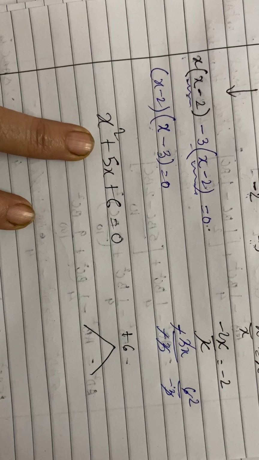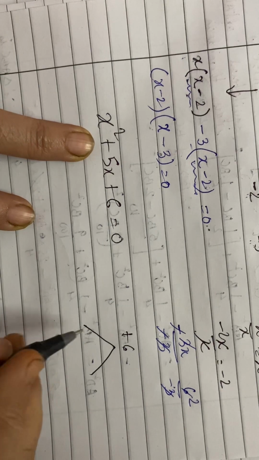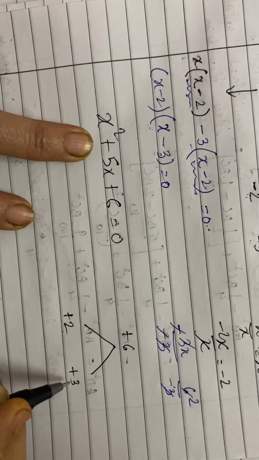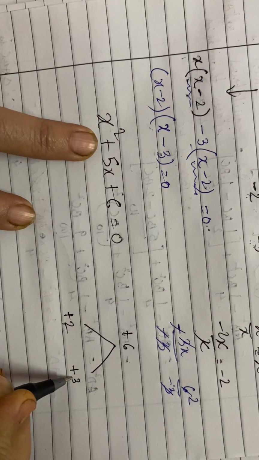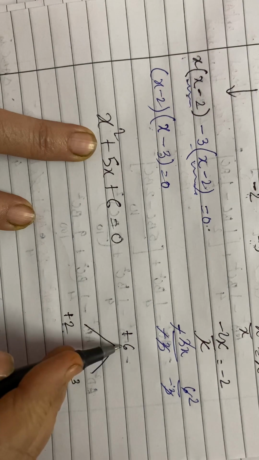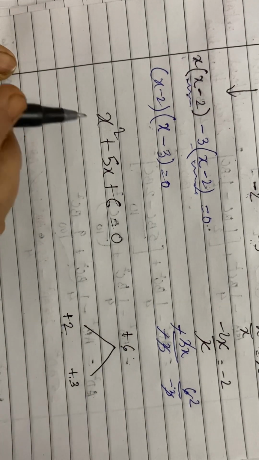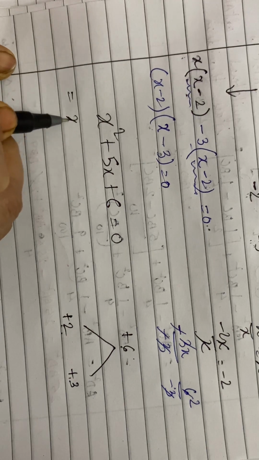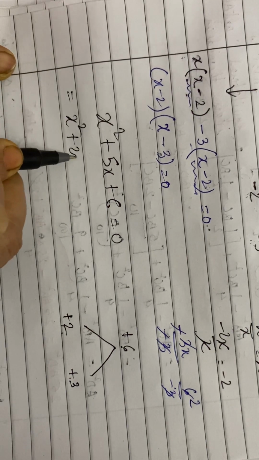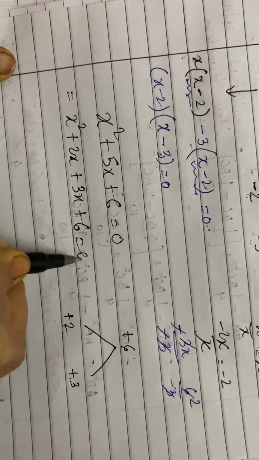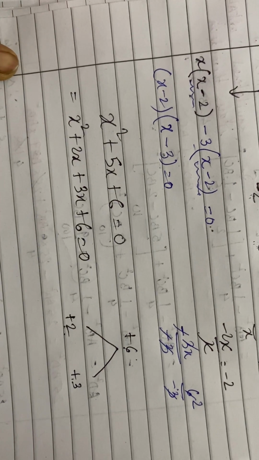The middle term sign is positive, so both our factors will be positive. 2 plus 3 is plus 5, and 2 into 3 is plus 6. 2 3s are 6. So we write x square plus 2x plus 3x plus 6 is equal to 0.